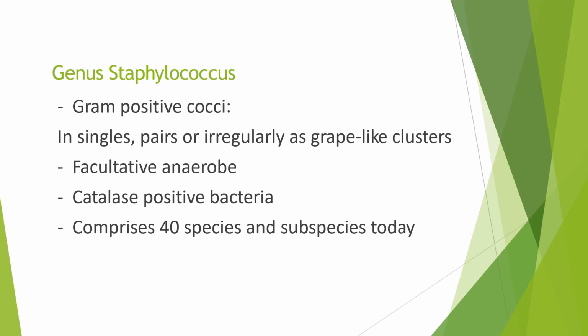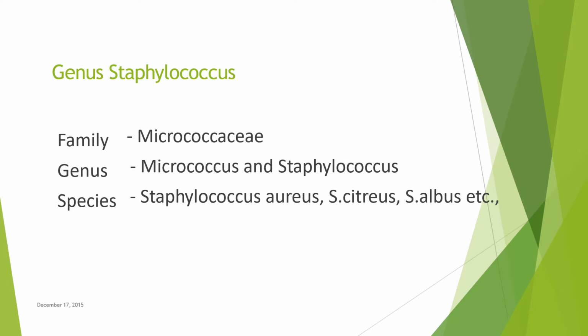The very important biochemical character is that it is a catalase positive bacteria. That is a very important character of the genus itself. All staphylococci are catalase positive, and the genus comprises around 40 species and subspecies today.